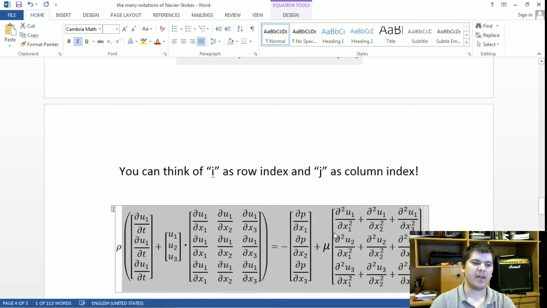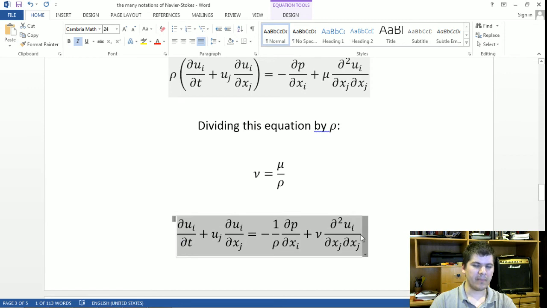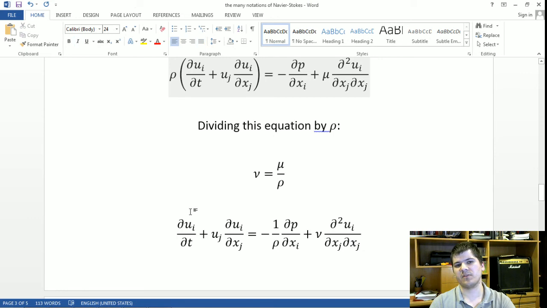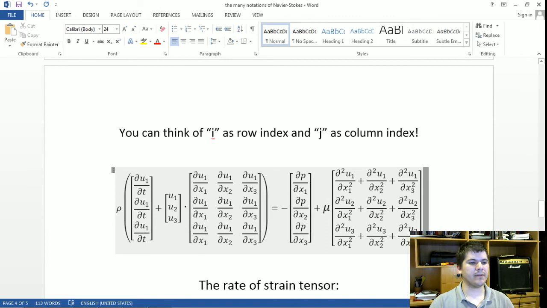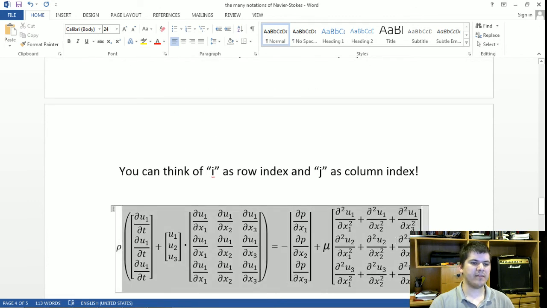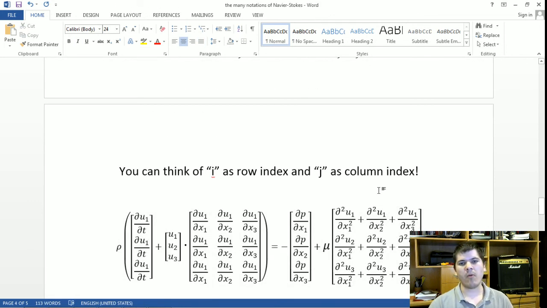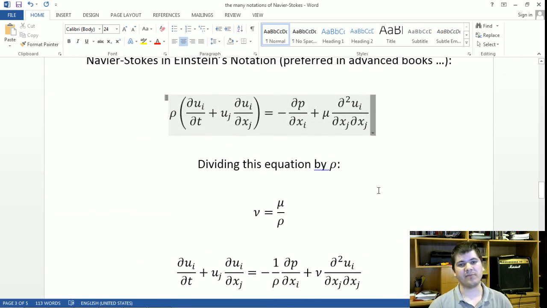But I believe this form can make the Einstein notation more understandable for beginner students of advanced fluid mechanics. Okay, and besides that, there are even more compact forms, and some believe more elegant forms, to write the Navier-Stokes using the Einstein notation, which will be the topic of the last part of this video.